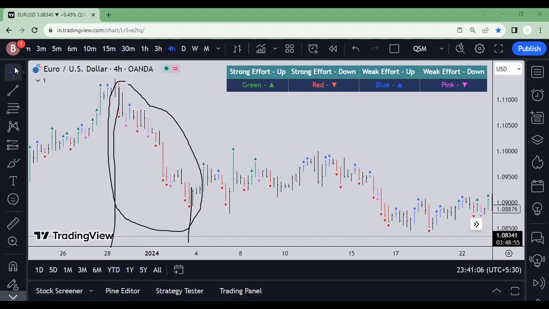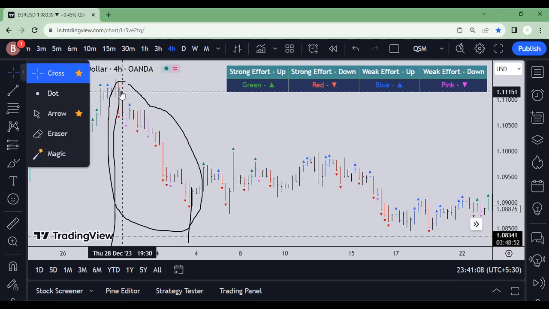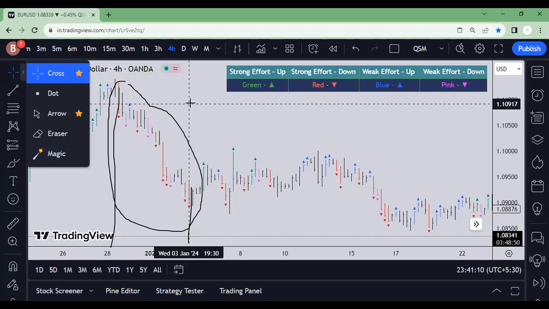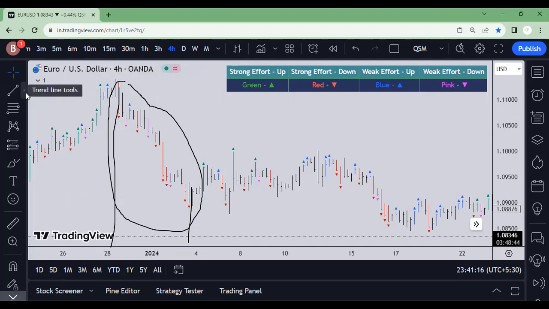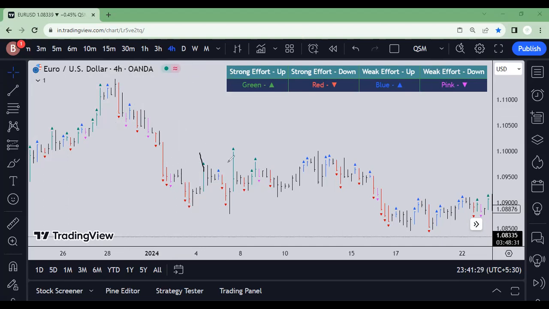So just 1 minute, 1 minute. From 28 December till 4 January, so like 3 to 4 trading days, I guess. During these 4 or 5 trading days, whatever, we haven't seen any bars with strength.